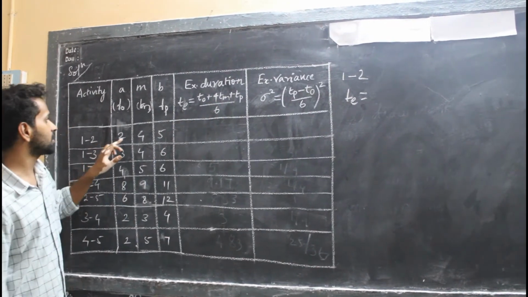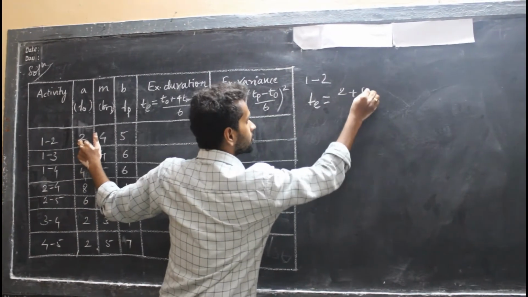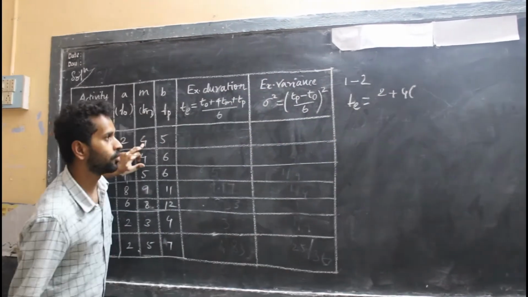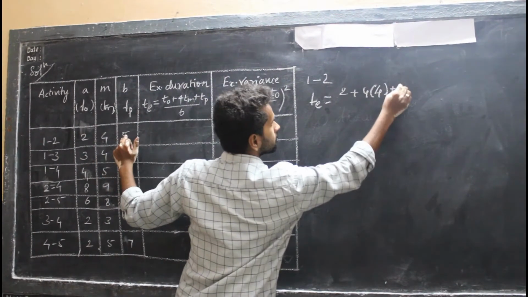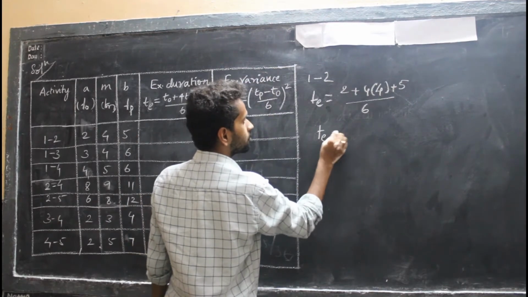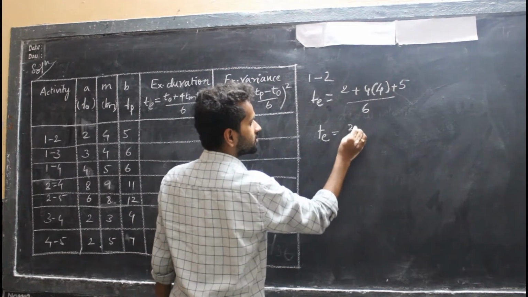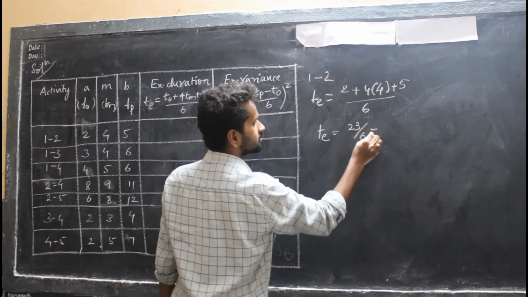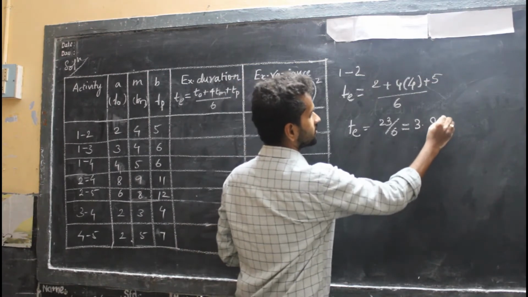So TO 2 plus 4 into 4 plus 5 divided by 6. This becomes TE equal to 2 plus 16, 18, plus 5, 23 divided by 6. 23 divided by 6 becomes 3.83.